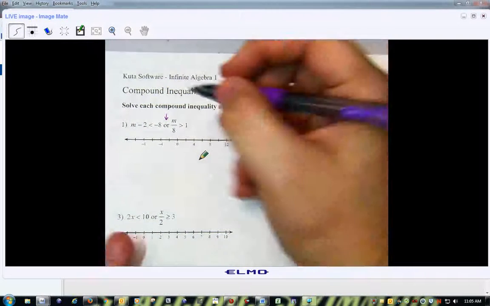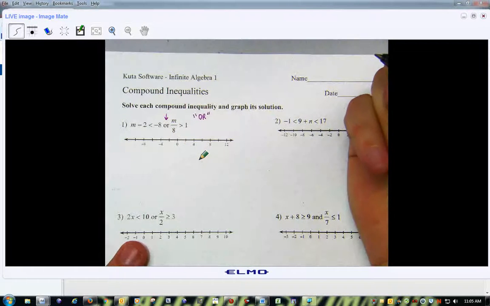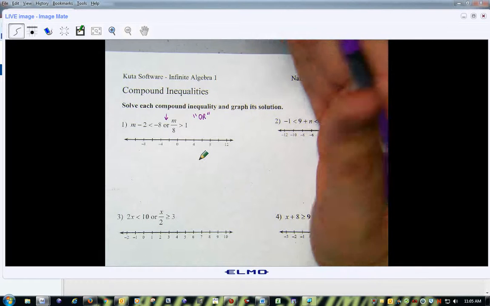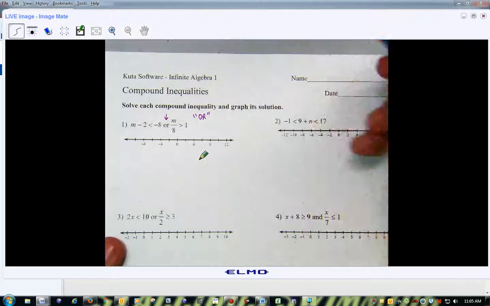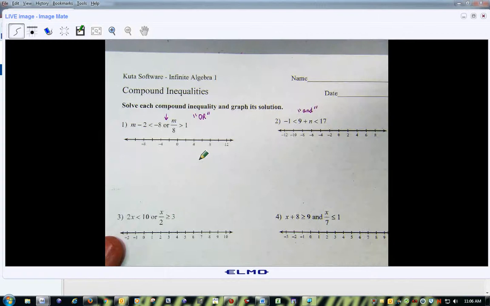This is what we call an or inequality. It's not the technical math term, but that's the term that we're going to use because when we go to absolute values, we need to know if we're going to use an and inequality or an or inequality. This guy right here is an and inequality.